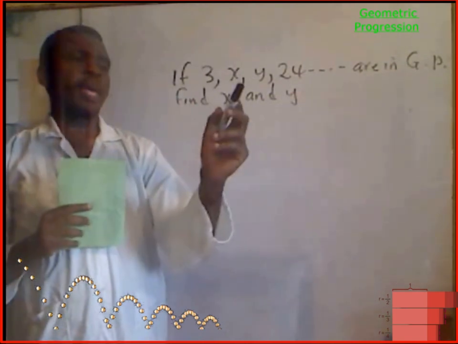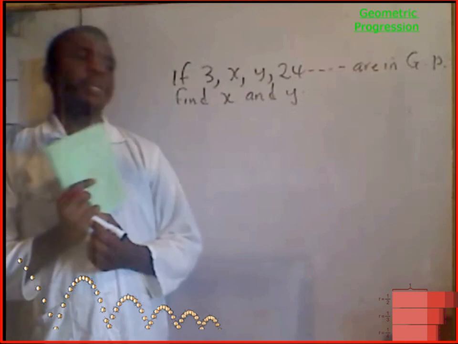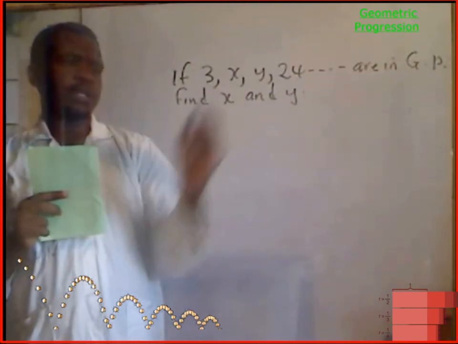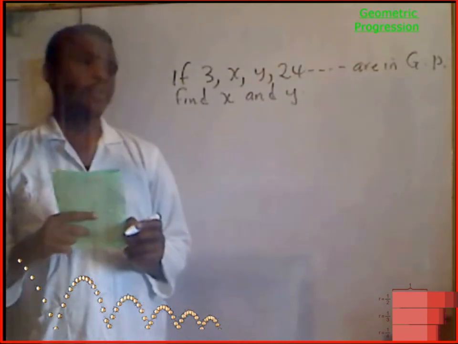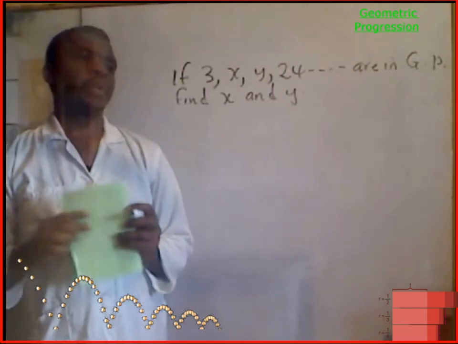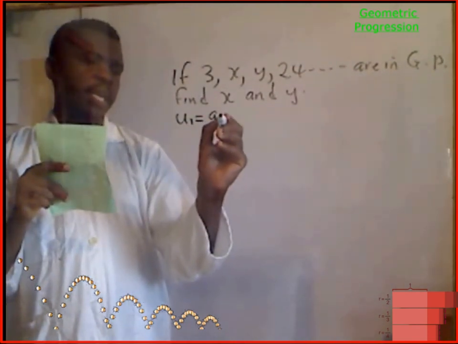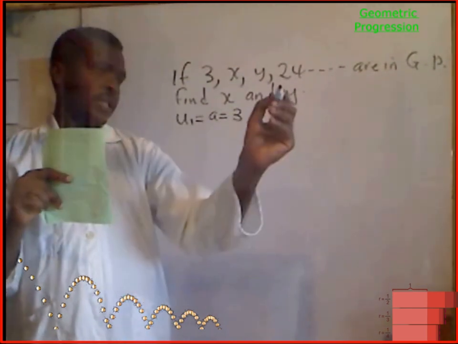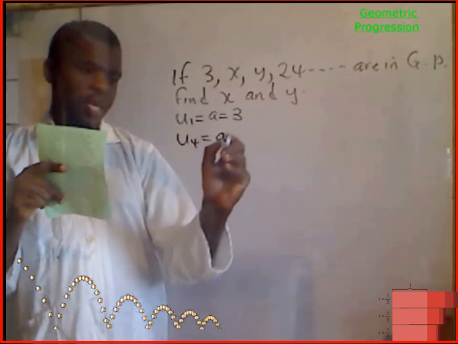If 3, x, y, 24 are in GP, find x and y. I see here that x is our second term, y is the third term. I start from what I know. This is U1, which is A, equal to 3. Our first term there is A. This is our fourth term, which is AR cubed.